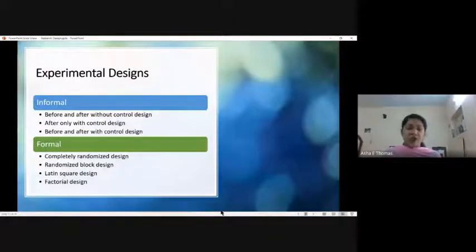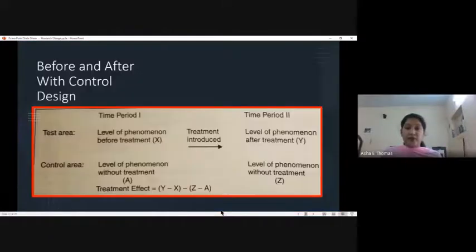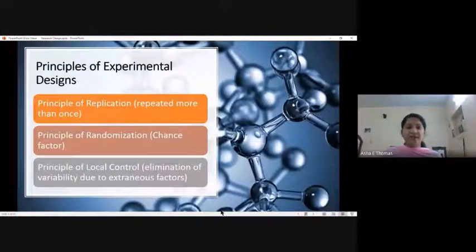Now, I want you to remember the concepts which we learned when we were discussing experimental designs. The first one is the principle of replication, where we discussed that in order to minimize the effect of extraneous variables, and to predict the outcome near to reality, the same experiment is repeated more than once, ensuring that you get the same result, with the same sample, with the same environment.